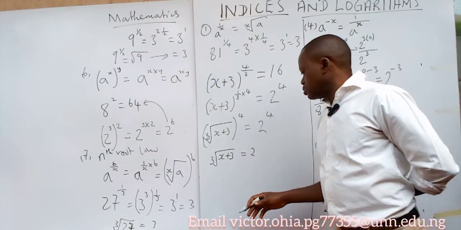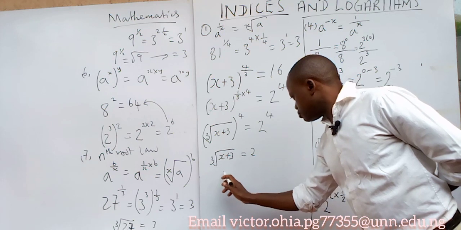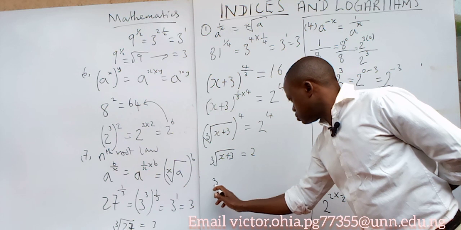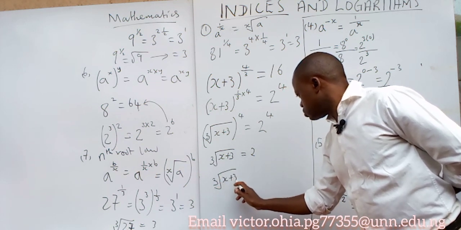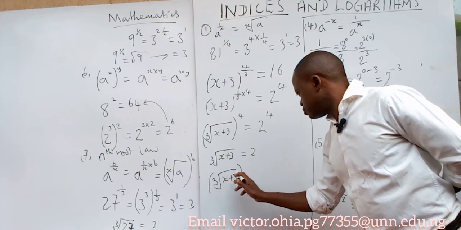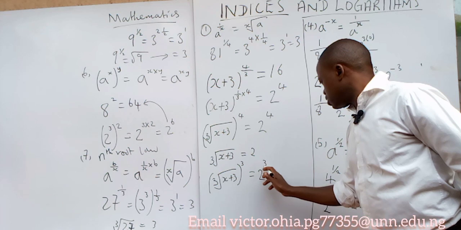So taking the third root of both sides, I can have the cube root of x plus 3, then raise it to power 3, equate it to 2, and also raise this one to power 3.